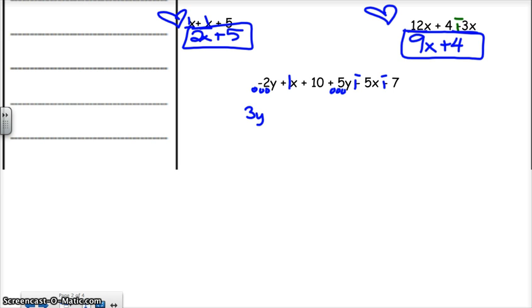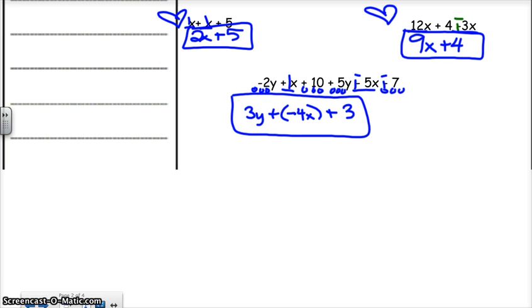And then I have a 1x plus a negative 5. 1 plus negative 5 is a negative 4, so I'm going to add a negative 4x. And then I have 10 plus a negative 7. 10 plus a negative 7 is 3. That's my final answer. I'm done because I can't combine any other terms.